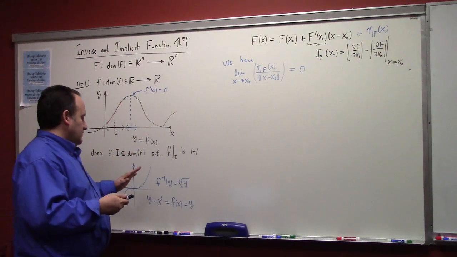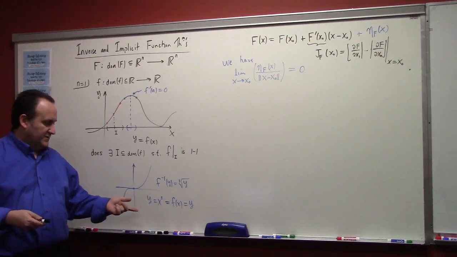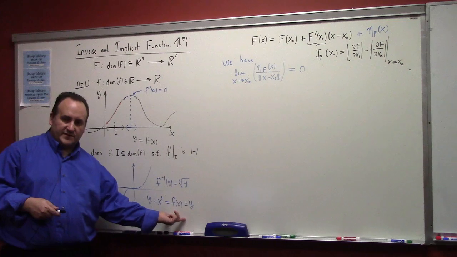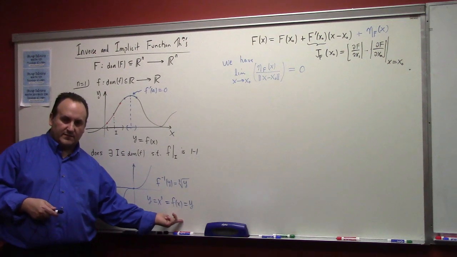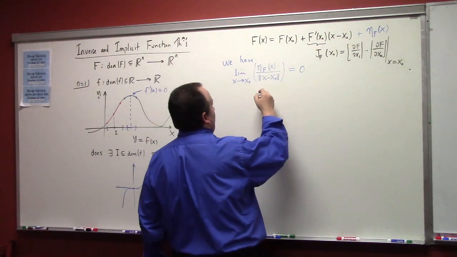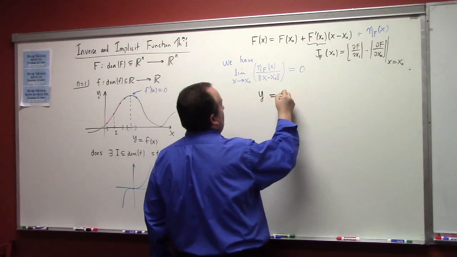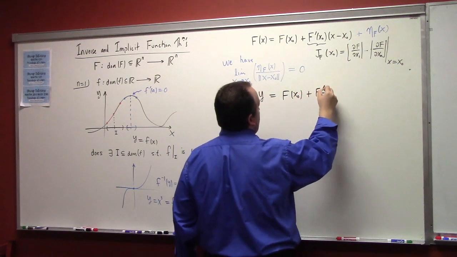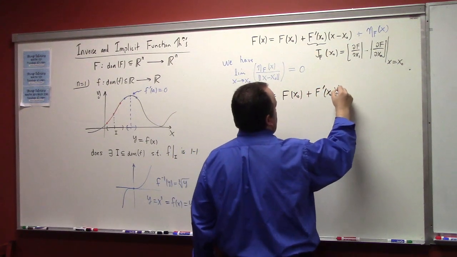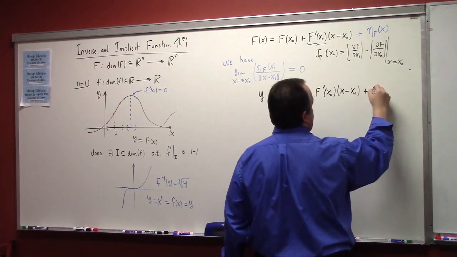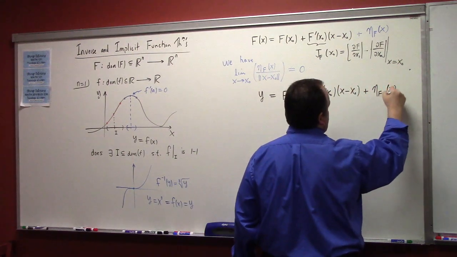Okay, anyway, now what? You notice down here, to find the inverse function, I wrote down f of x equals y, and then I solved for x. So let's do the same, but now we've got a vector y. Y is equal to f of x naught plus f prime of x naught times x minus x naught plus my error term.